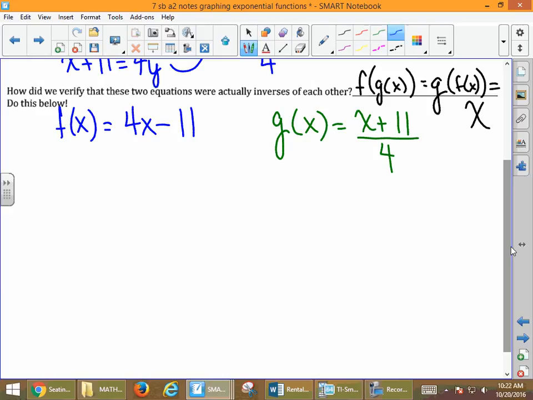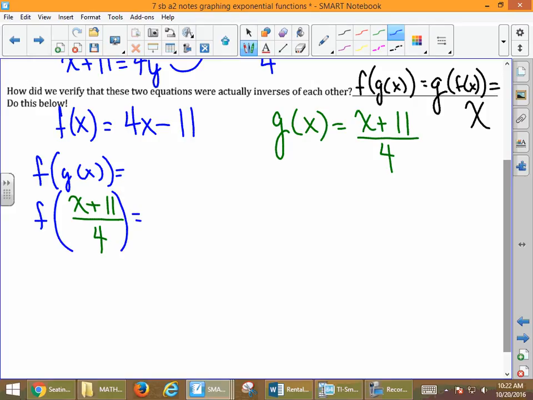So once again, we have to figure out what f of g of x equals. We're going to fill in g of x, and g of x is x plus 11 divided by 4. And we're going to put that back into the f function.